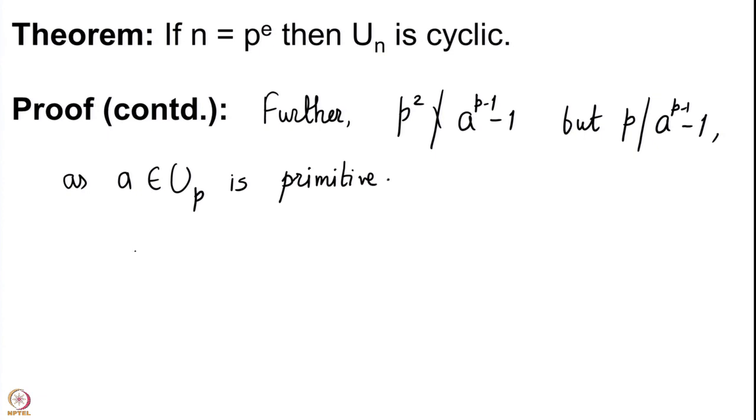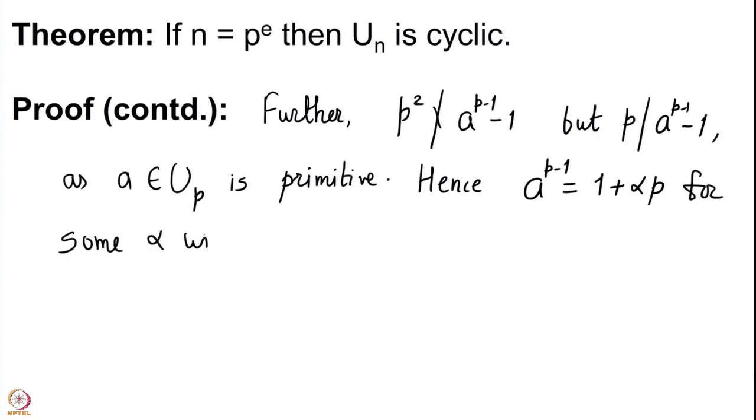And then, this gives us that A to the P minus 1 is 1 plus alpha P for some alpha with alpha being co-prime to p.